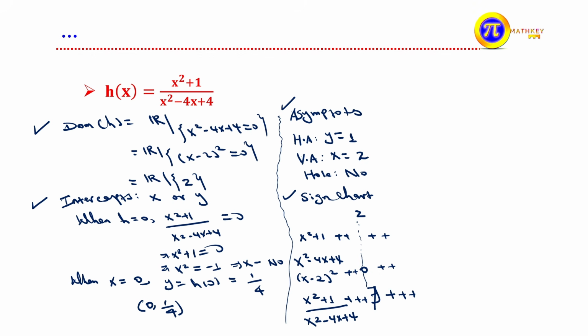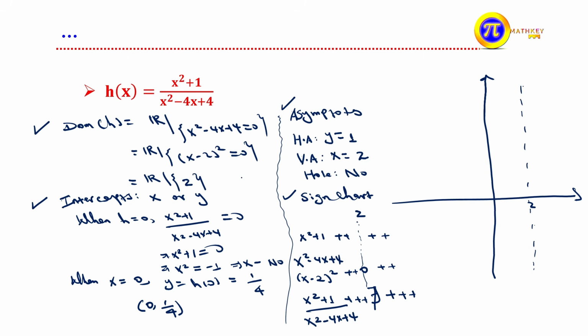The next step: we apply these properties and sketch the graph of our function. The domain is all real numbers except 2, and 2 is the vertical asymptote, so you have to take this. The horizontal asymptote is y equal to 1. For the x-intercept and y-intercept: no x-intercept, and the y-intercept is (0, 1 over 4). 1 over 4 is below the horizontal asymptote, because 1 over 4 is less than 1.